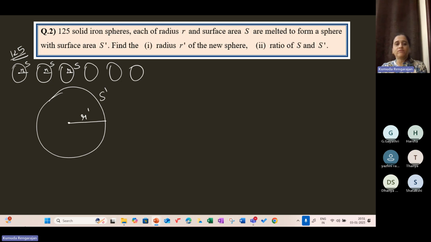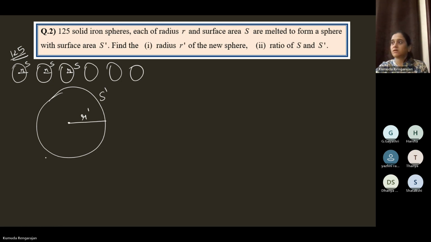There are 125 solid iron spheres, each of radius R and surface area S. All these 125 spheres are melted and made into one big sphere.